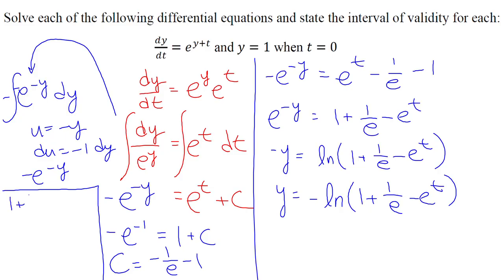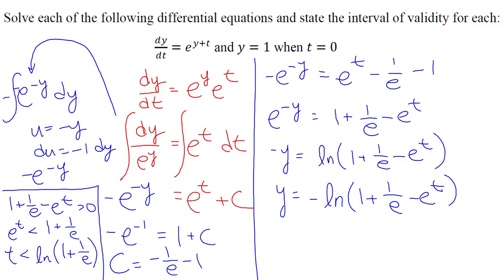So if we set 1 plus 1 over e minus e to the t greater than 0 and solve for t, that'll tell us that e to the t, if we add that over, e to the t is less than 1 plus 1 over e, or that t needs to be less than the natural log of 1 plus 1 over e.